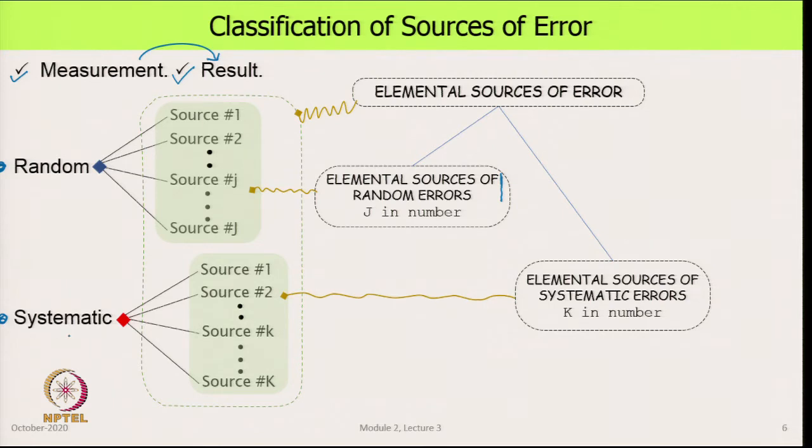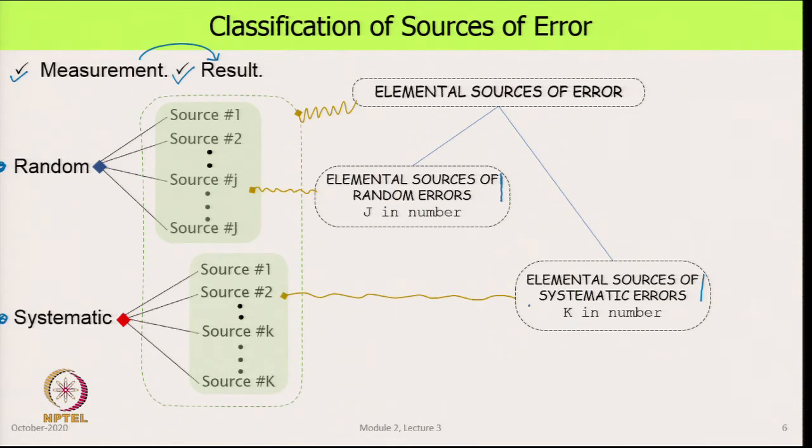So, that is how this whole name comes in. Same thing happens with systematic errors. There is source number 1 of systematic error, source number 2 of systematic error, and each one of these is an elemental error source, and like this we have k numbers of elemental systematic error sources. And that is what is listed here, that this particular box is elemental sources of systematic errors, which are k in number.